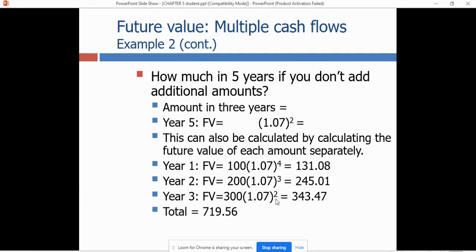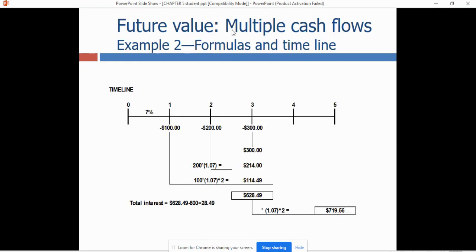All right, you will be getting the same answer, 719.56. All right, so of course this illustration shows you how it is done as well. So until year 3 you get 628. If you want to know until year 5, you just keep it until year 5, where you just compound it for another 2 years.